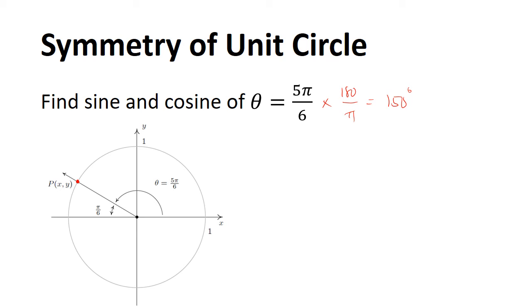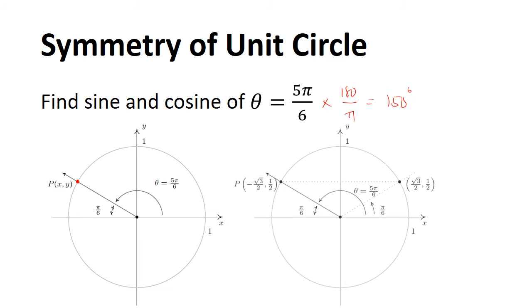As you can see, kulang na lang siya ng pi over 6 para makumpleto niya yung straight angle. And kapag kinuha natin yung cosine and sine ng 5 pi over 6 at kinuha din natin yung kulang niya na pi over 6, kinuha din natin yung sine and cosine, mapapansin natin na actually meron siyang symmetry.